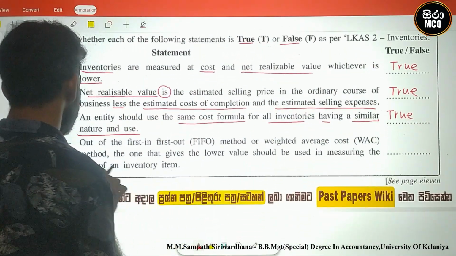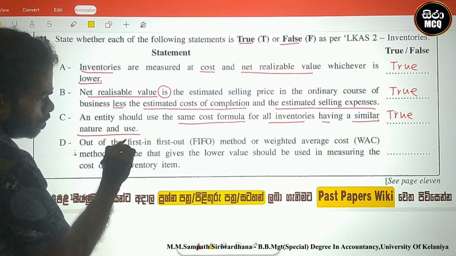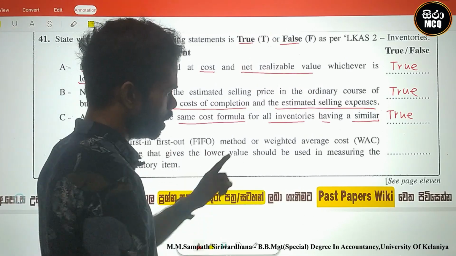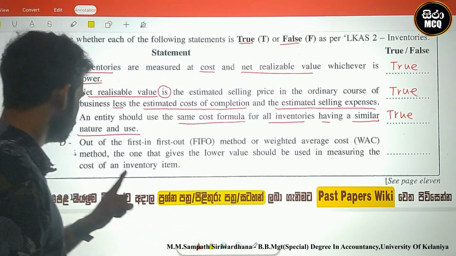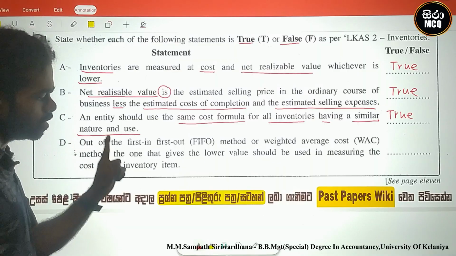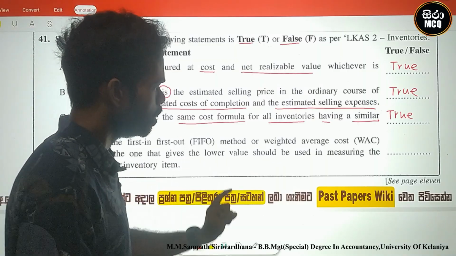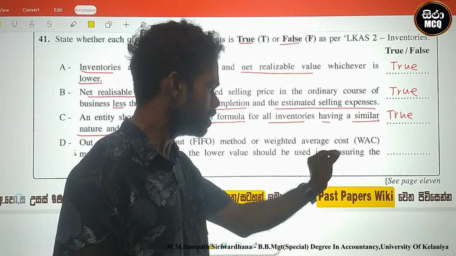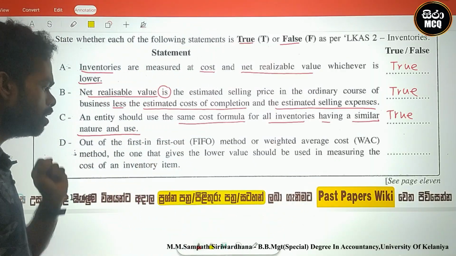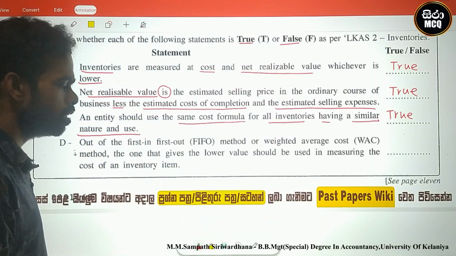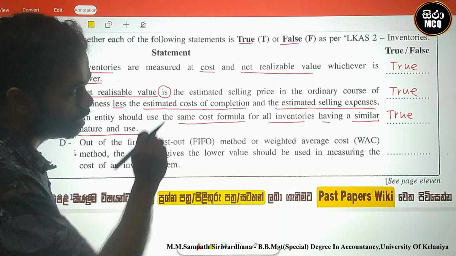What is the next one? Out of the first in first out method or the weighted average cost method, the one that gives the lower value should be used in measuring the cost of an inventory. There is no such guideline in LKAS 2.